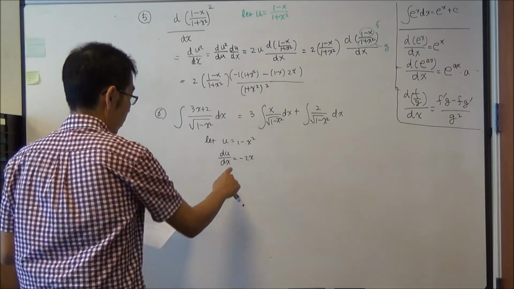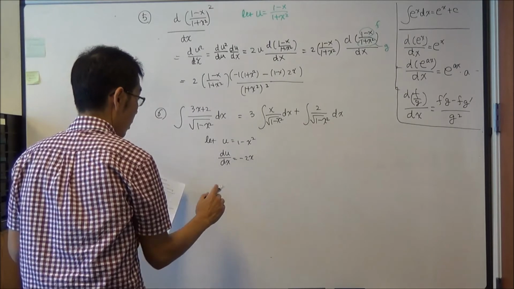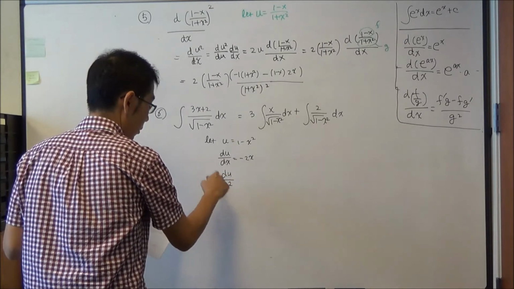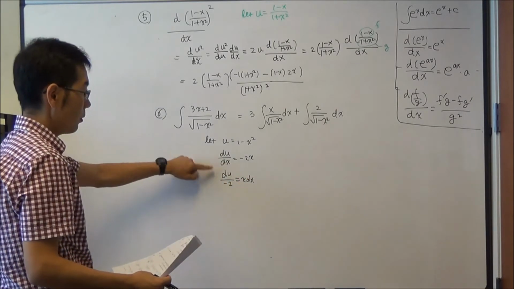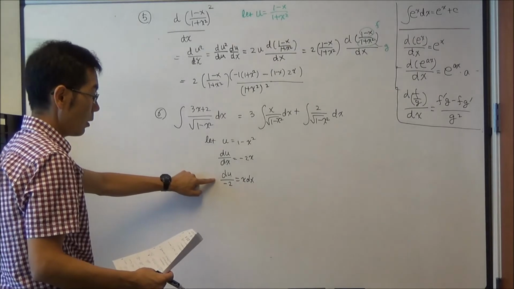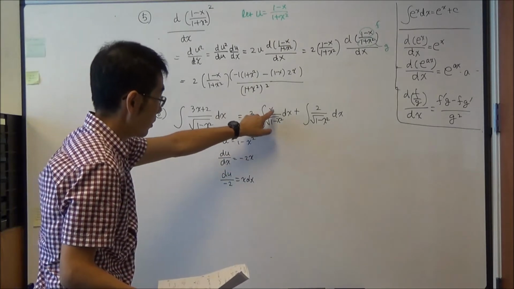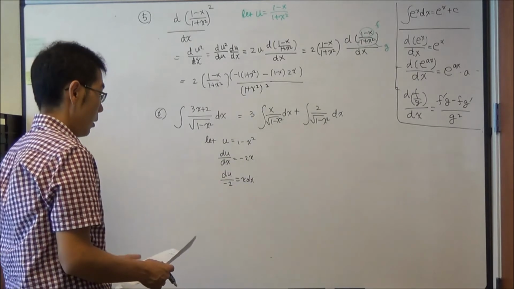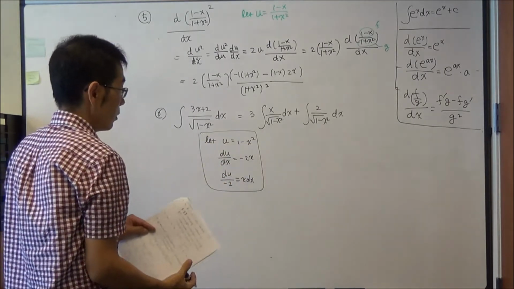So from these equations, what do you see? So du over minus 2 is equal to x dx, right? From here we got this one, because I want to replace x dx with du over minus 2. Okay, so using this, we can change this part a little bit.